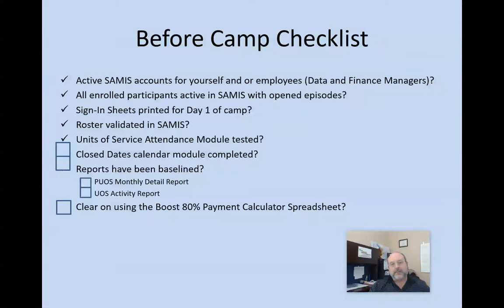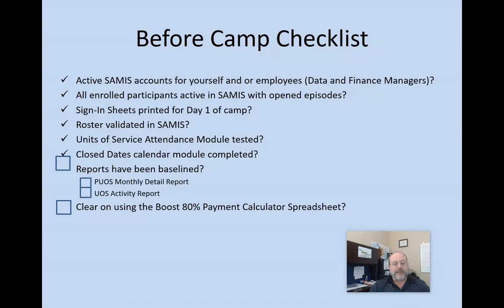Then the system reports and the reviewers at KHA can see the days of service that you provided camp. That's critical, and you want to make sure that it gets checked and done as well.